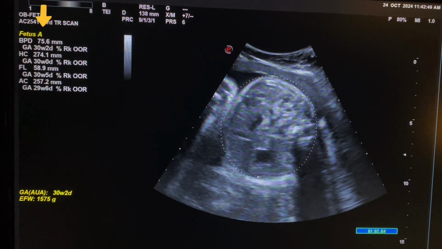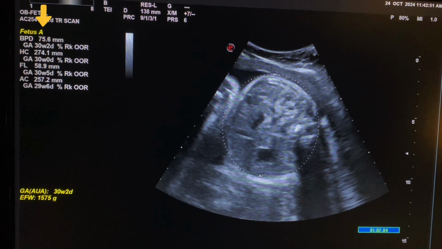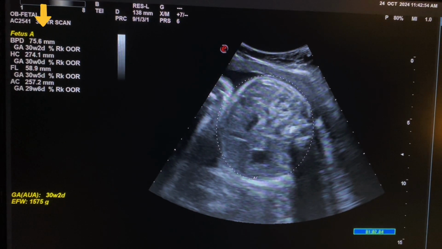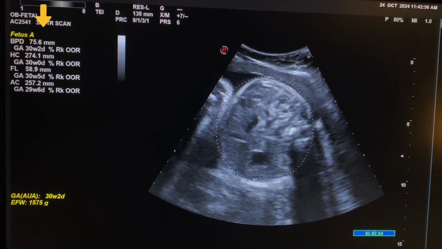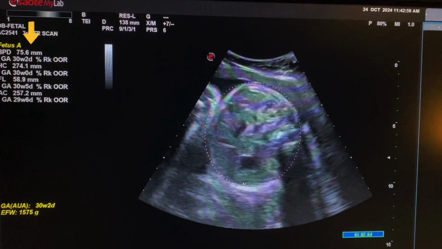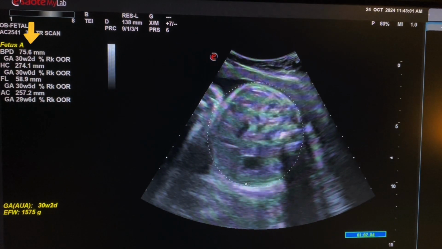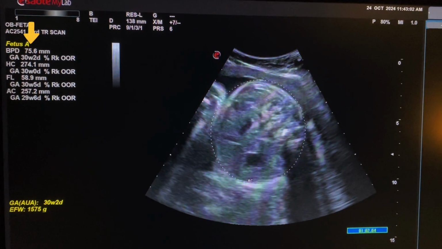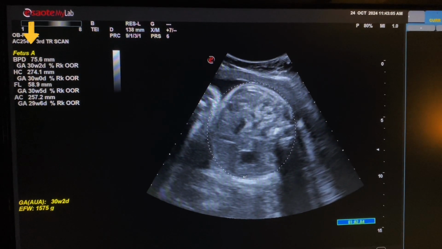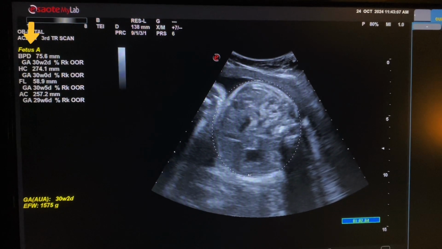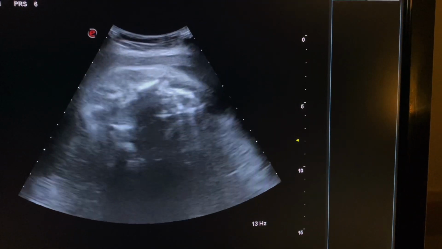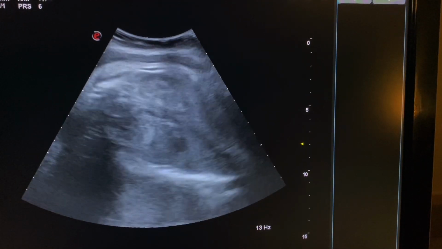Here we see all the measurements of the abdomen. There will be a difference in the days of all body parts, but it could be within 2 weeks or better, within 1 week. If the difference in the weeks of body parts of the fetus is more than 2 weeks, then it will be growth retardation. It means the growth of the fetus is affected.